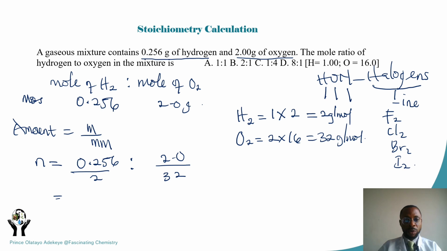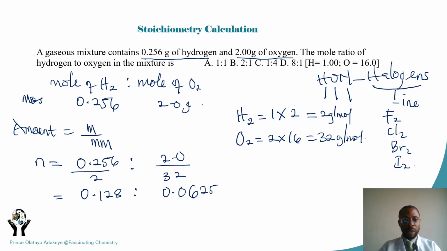So when we do this, the amount for hydrogen will give us 0.128. The amount for oxygen will be 0.0625. So to get the mole ratio, we divide by the lower number. Between these two numbers, 0.0625 is lower than 0.128.